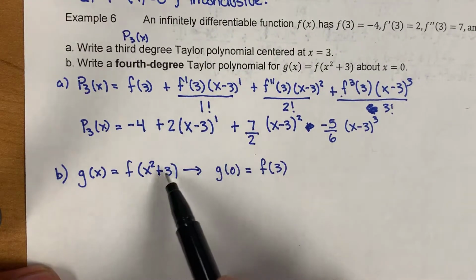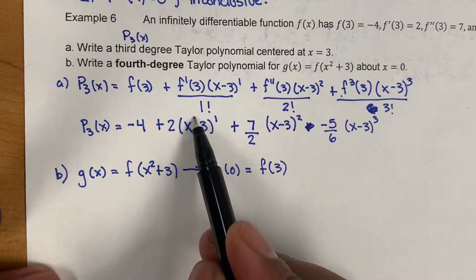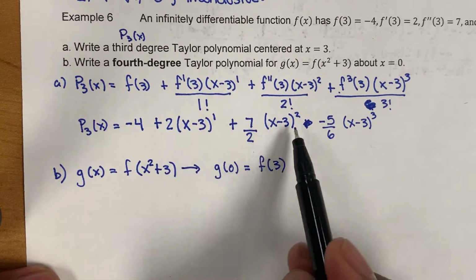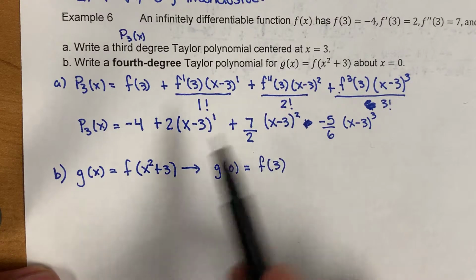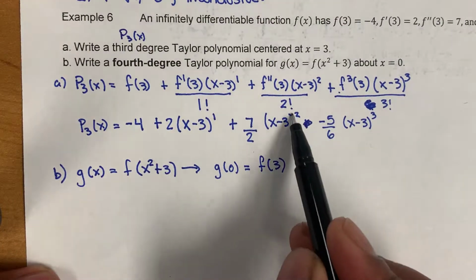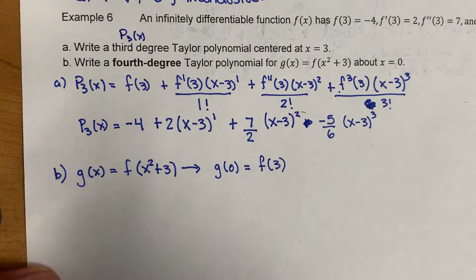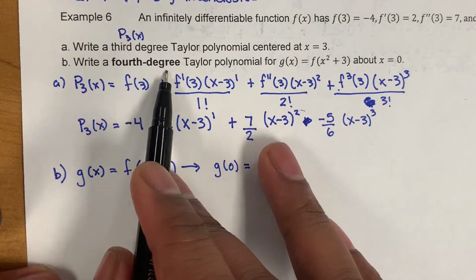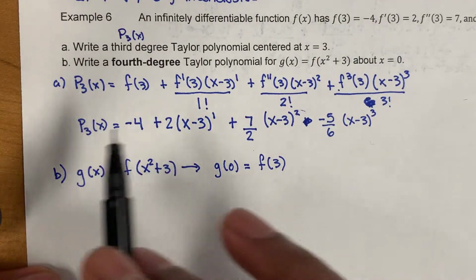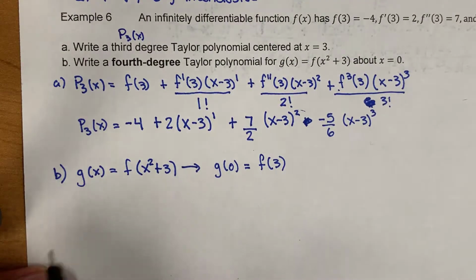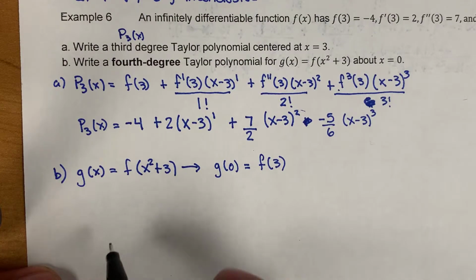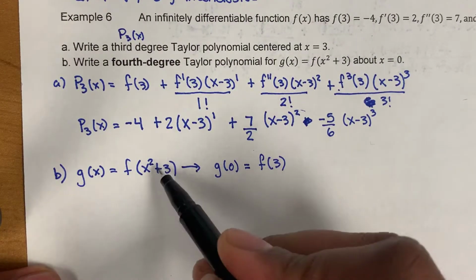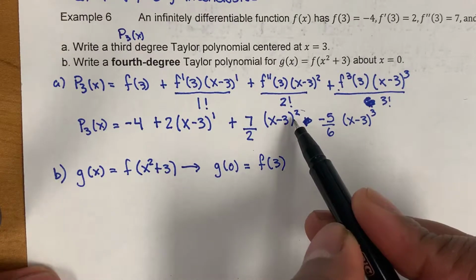So if I have x squared plus 3, this is going to be a quadratic the first time we substitute in x here. And then when we substitute in x where we have the squared, this square and this square are going to create the fourth degree, which is where we stop. A fourth degree Taylor polynomial does not mean that we go out to 4 terms. It means we stop when we get an exponent of degree 4. That is going to occur where we have x squared plus 3 over here squared.